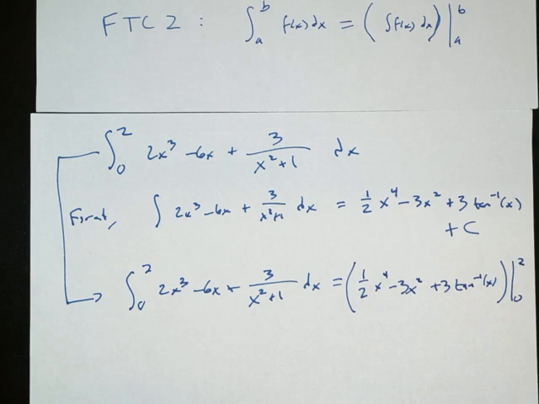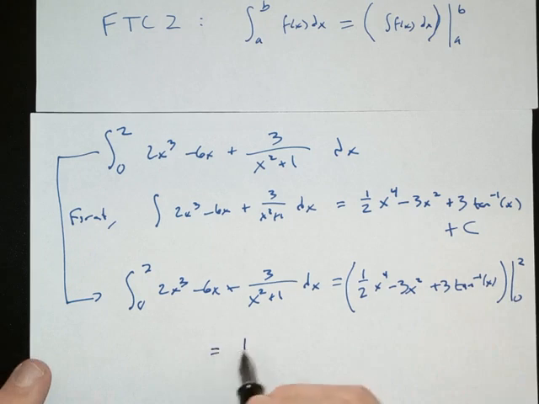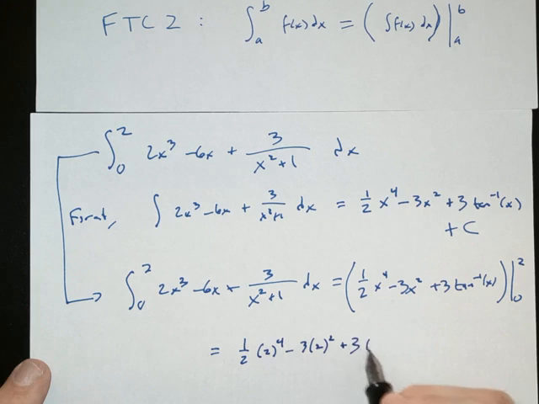Unfortunately for me, the inverse tangent of 2 is not a number I know. I go to plug in 2, and I get 1/2 times 2 to the 4th minus 3 times 2 squared plus 3 tangent inverse of 2. And then I go to plug in 0.